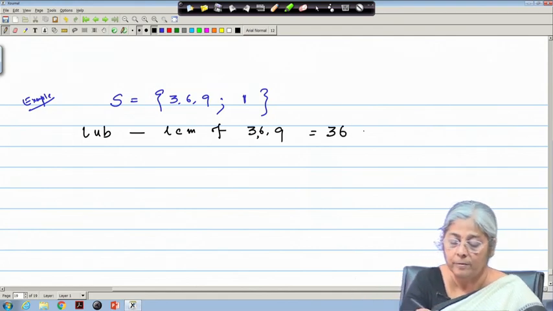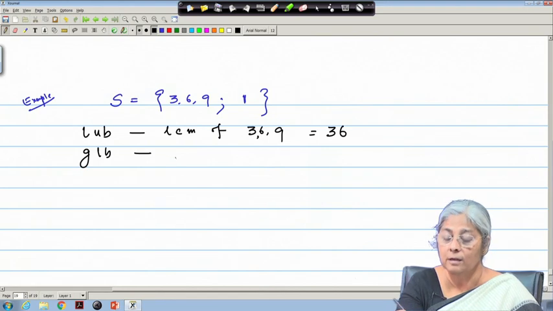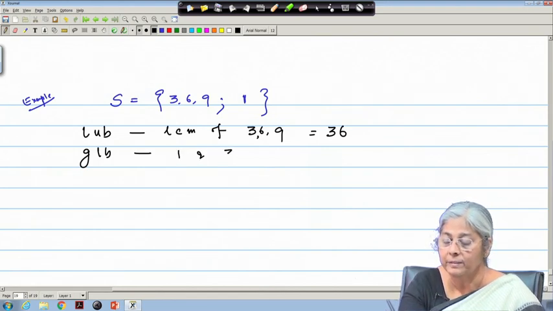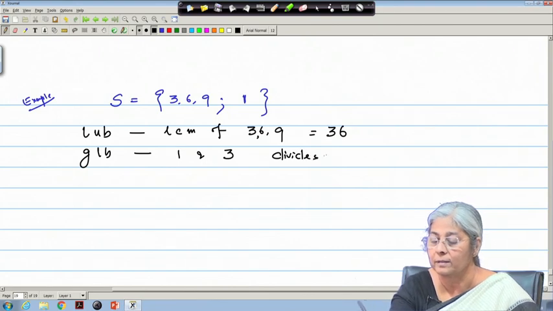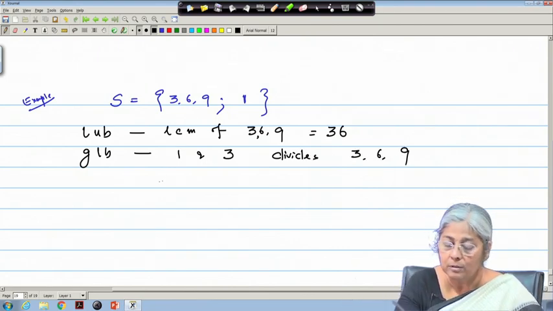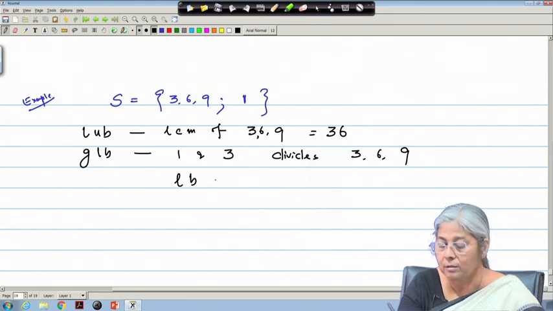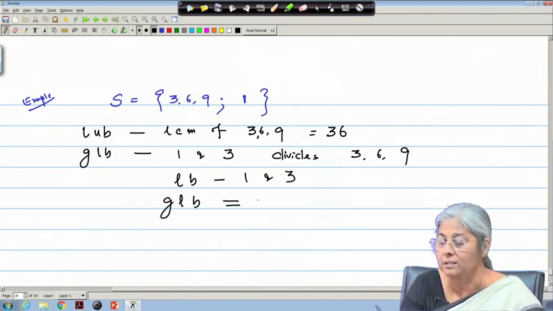So, it exists. The lower bounds are 1 and 3, since they divide all the elements, so the greatest lower bound GLB is 3.